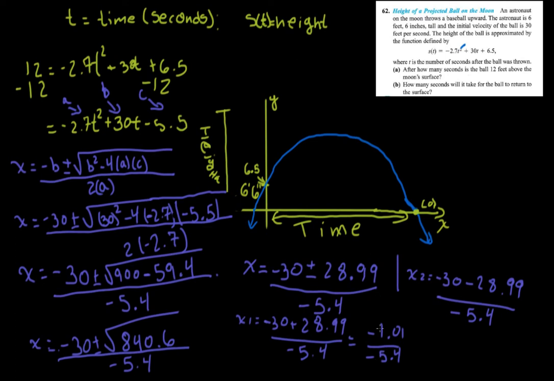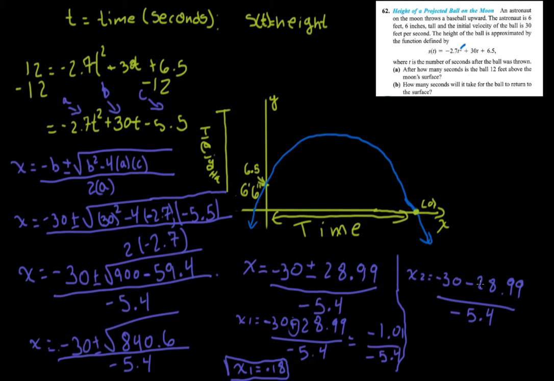You're going to have this equal, so I'm going to write it down here. x1 equals 0.18. So what this is saying is that at 0.18 seconds, my ball is going to be at 12 feet, but I'm going to solve for this one too. That's why I said that just because this is positive, that doesn't mean this is going to be the right answer, right?